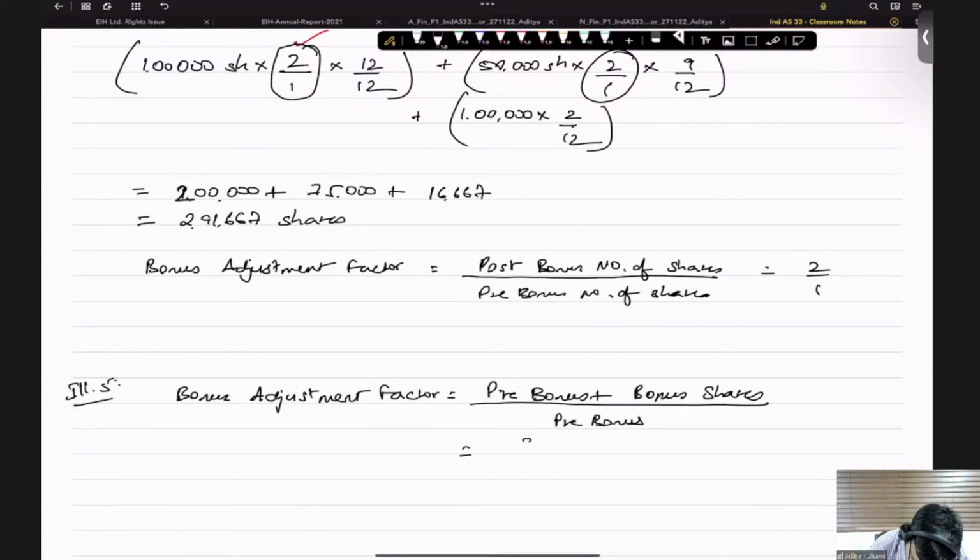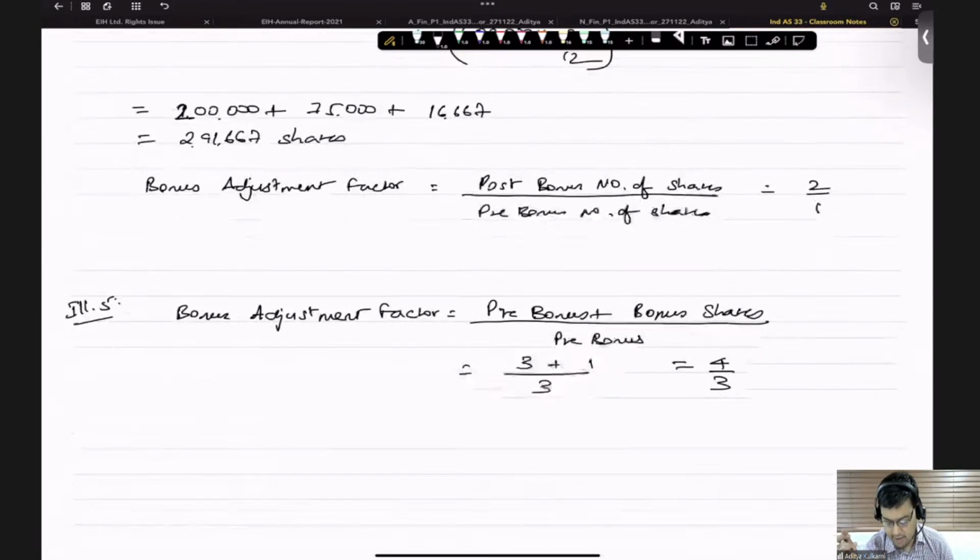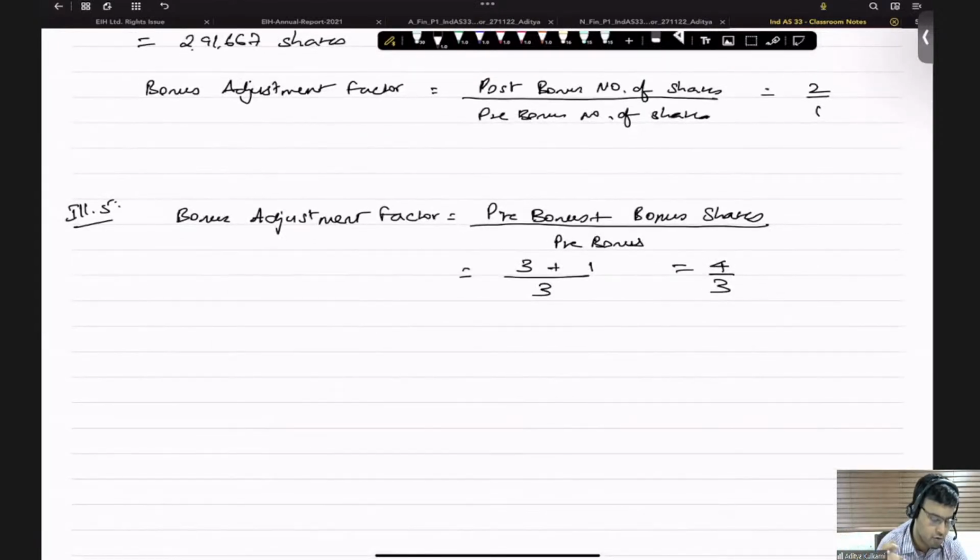So pre-bonus, if I had 3, I'm getting 1 bonus share, divided by pre-bonus 3. So your right bonus adjustment factor is 4 by 3. So Shailendra, like you said, it won't be always 2 by 1. In this case, the ratio is 1:3. So for every 3 shares held, you are getting 1. So the ratio here is going to be 4 by 3.